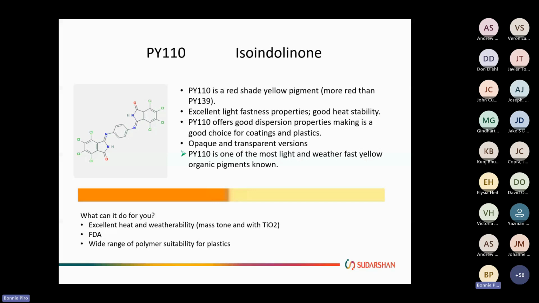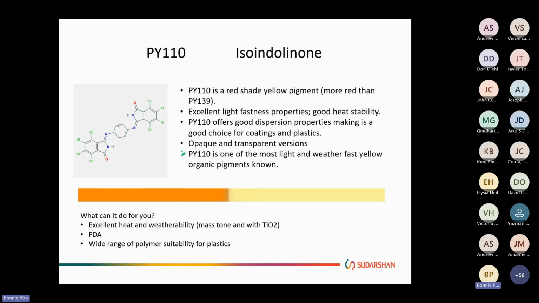Pigment Yellow 110, the isoindolinone, as I mentioned in the previous slide, this particular chemistry is definitely the most light fast and weather fast of the yellow organic pigments known. It is pretty solid with respect to other ingredients in the formulation like TiO2.